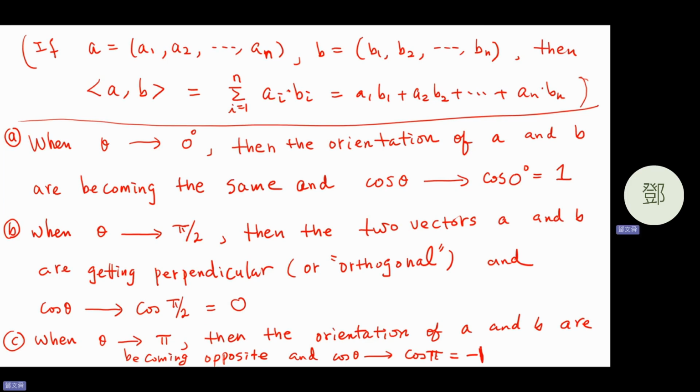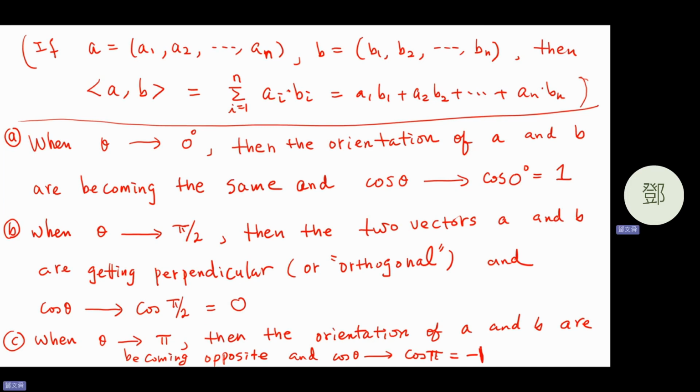And cosine 0 is equal to 1. So when cosine theta is equal to 1, it means that A and B have the same direction, or the same orientation.